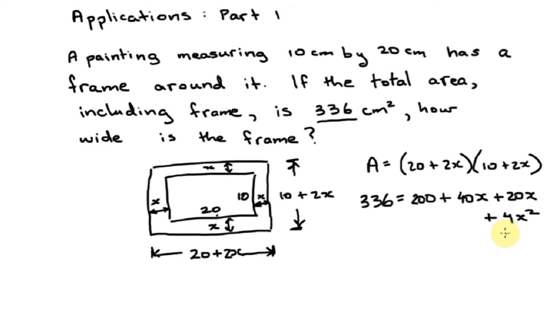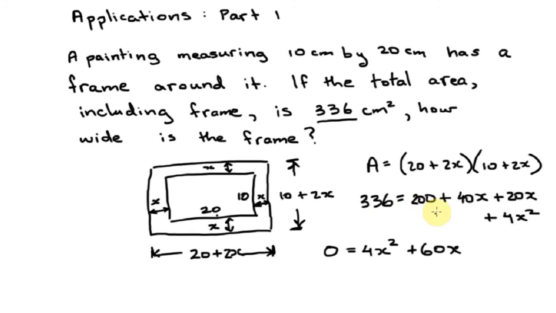Now, I can see that I've got the positive 4x squared, so I'm going to move everything over to the right side, and I'm going to write it in descending order. So I've got my x squared term first, then I've got 40x plus 20x, so that's 60x. And then don't forget we're subtracting this 336.